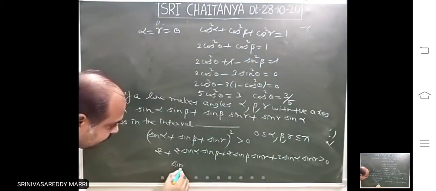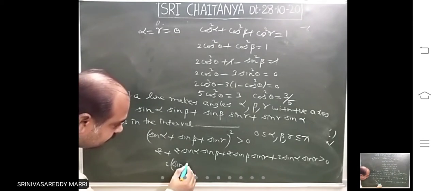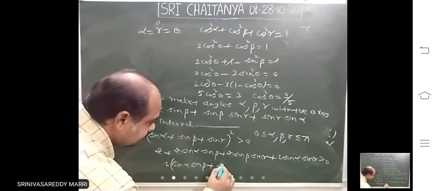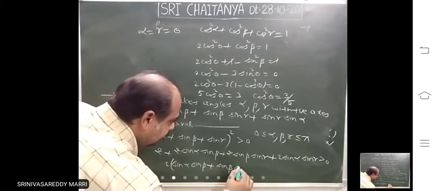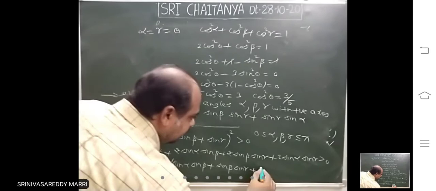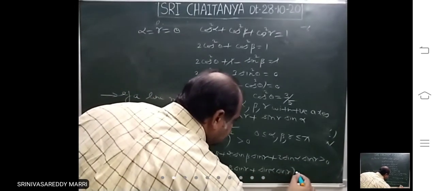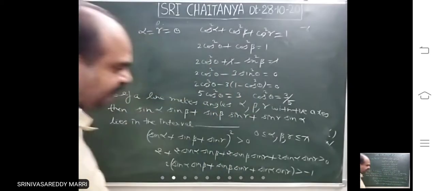That means 2 into sine alpha sine beta plus sine beta sine gamma plus sine alpha sine gamma greater than -1.